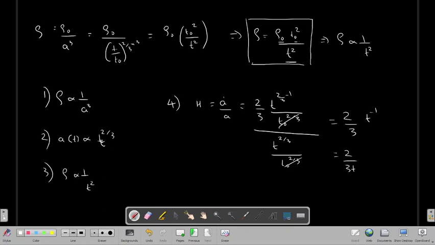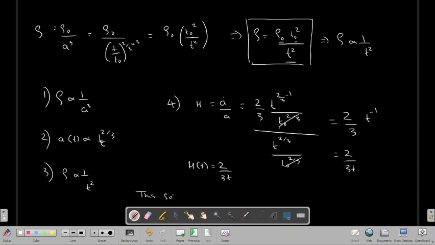Okay, so now you have got the variation of Hubble parameter with respect to time. This is equal to 2 by 3t. So this is the fourth important result. You can see that as the time increases, the rate of expansion of the universe decreases in this case.